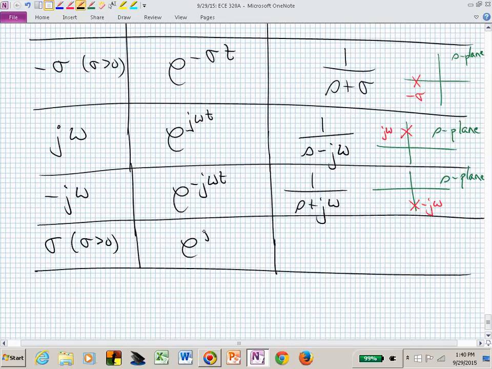This is now e to the sigma t, e to the 6t, e to the 20t, e to the 2t. What's that doing as a function of time? It's going exponentially unbounded, isn't it? E to the 2t, e to the 5t. That now has a Laplace transform of 1 over s minus sigma.